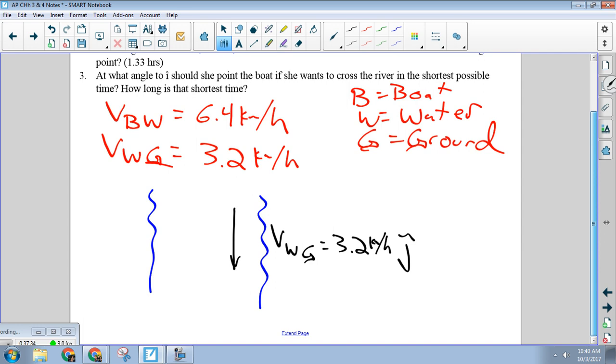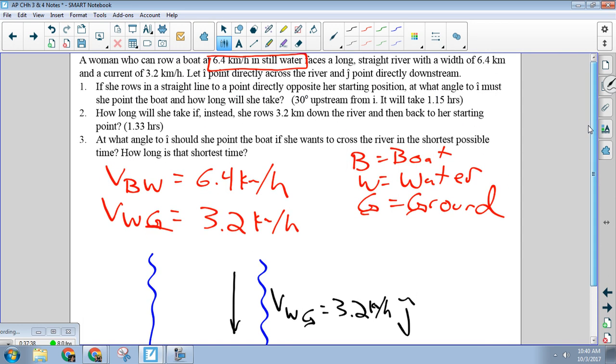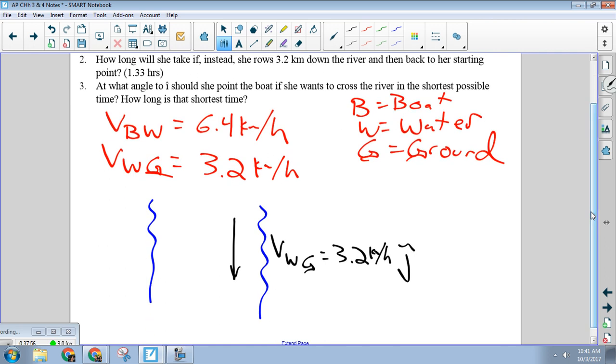Now, it says that somehow she rows in a straight line across the river. In other words, she's doing something to compensate for the river carrying her downstream. Do you know what I mean? Look. If she points the boat straight across the river, is she going to go straight across?